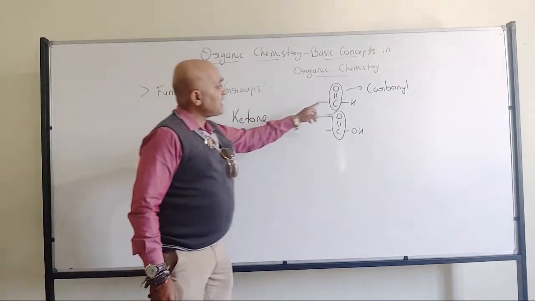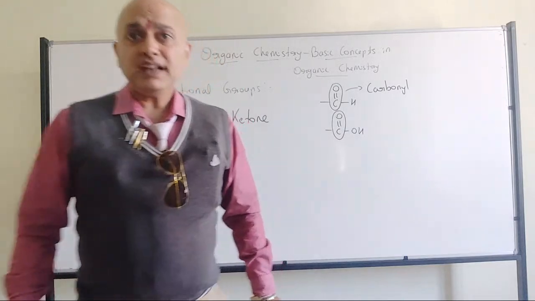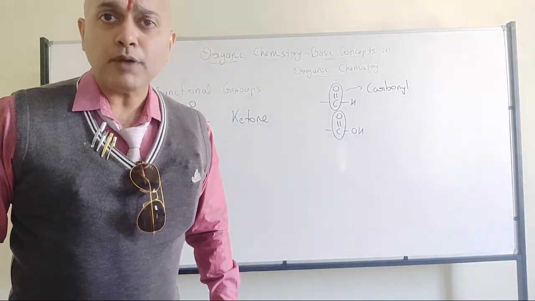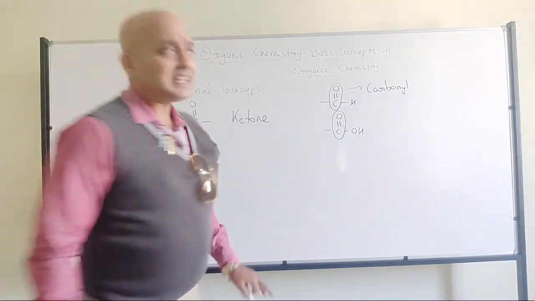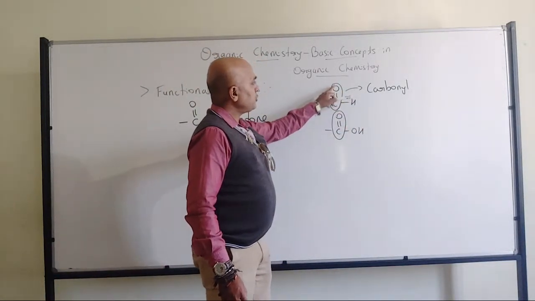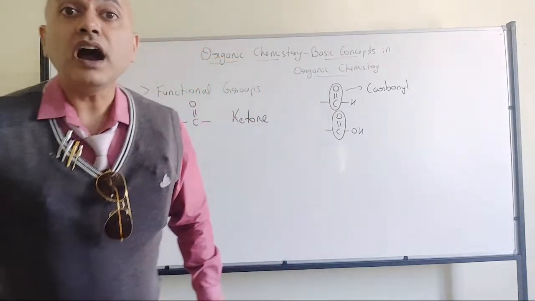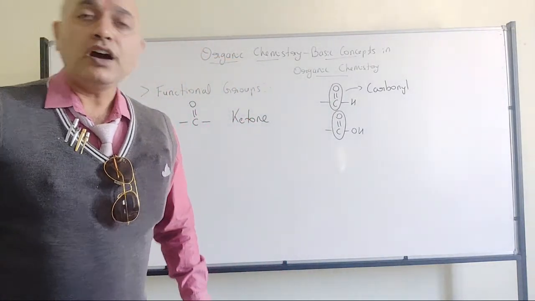But when it is part of another functional group, where it does not decide the chemical properties, which are decided by the whole structure, it is considered a carbonyl group. All of you have understood?